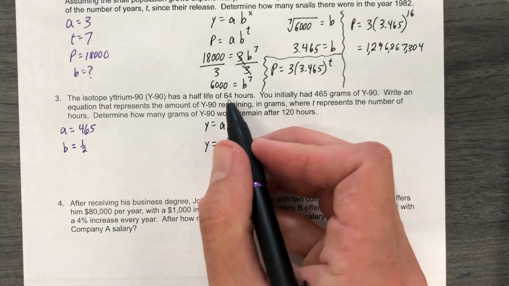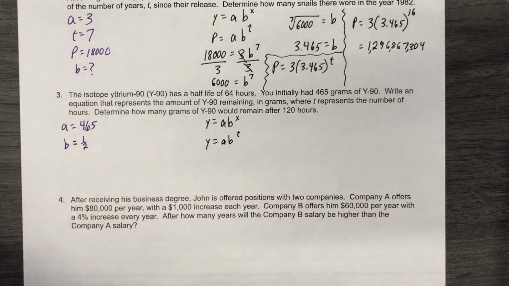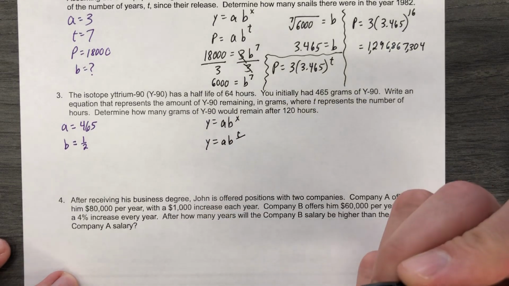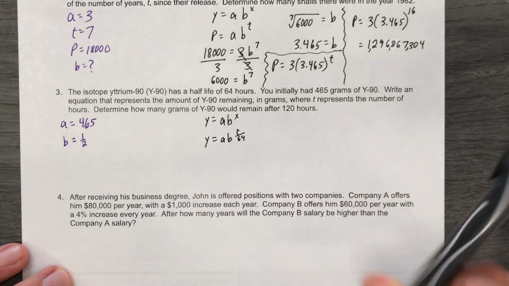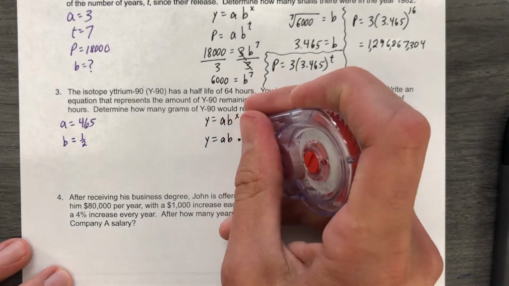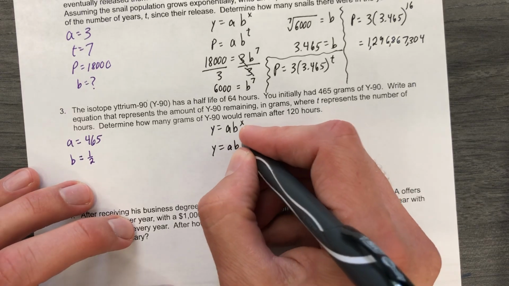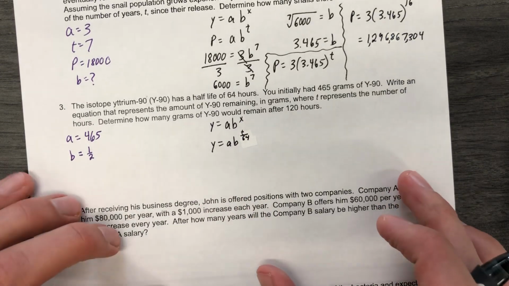But the fact that I'm dealing with 64 hours is going to change this. So I'm going to change the structure of this, and that means that every 64 hours I'm going to lose half of it. So we're going to divide by 64. So the exponent, let's write it a little bit better. The exponent is not just t, the exponent is t over 64.